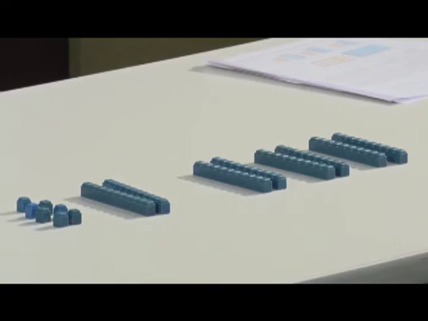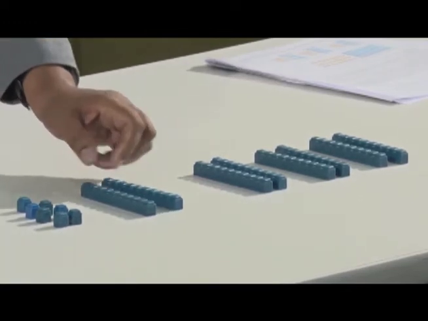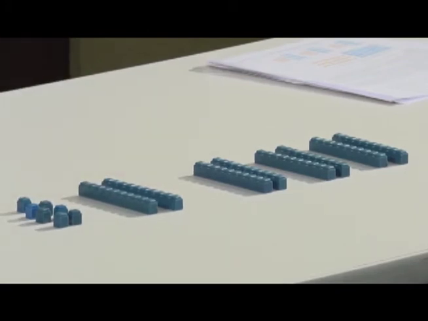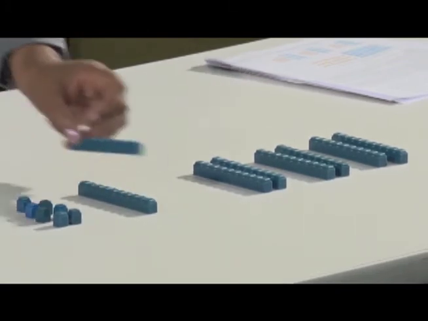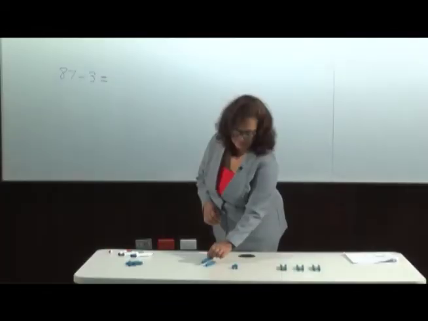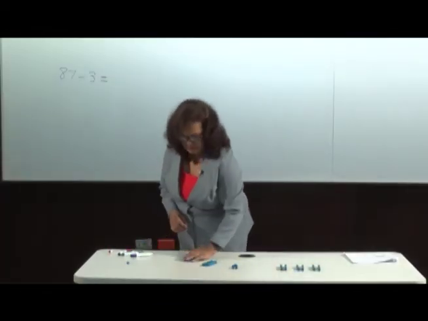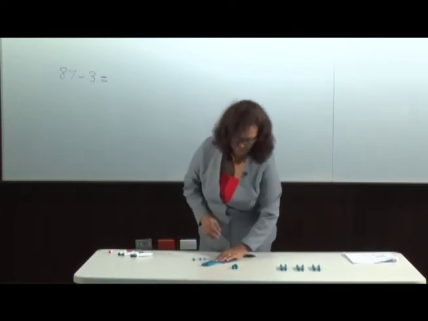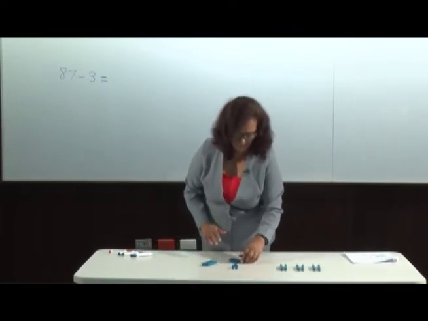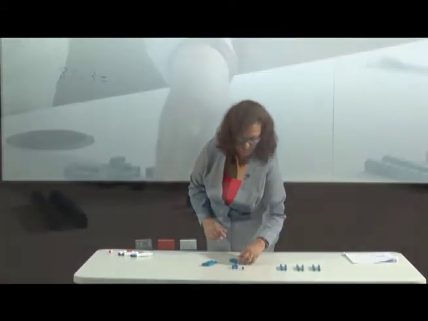So what am I going to do? What I will have to do is to trade these 2 10s for 1s. So I'll have to replace these 2 rods, which is equal to 20 with 20 units. These are my 20 units.